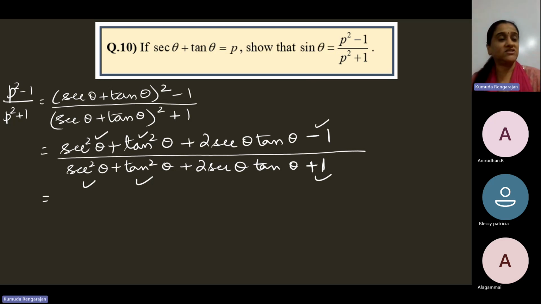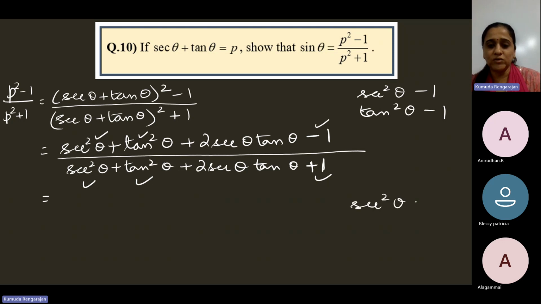But that's not 1. Secant square theta minus tan square theta is 1. Secant square theta plus tan square theta is not 1, so we cannot do anything with that. In the numerator we have a minus 1, right? So tell me, will this give you something or this give you something in the numerator? And in the denominator, will this give you something or this give you something?